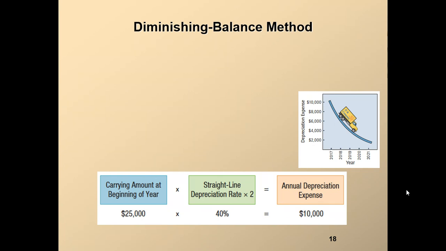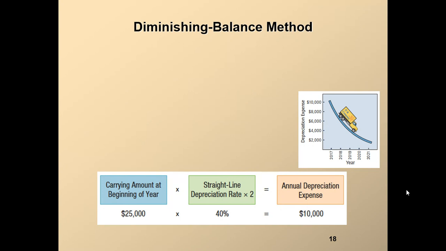Okay, so for example, let's say you have a $25,000 asset and the depreciation rate is 20%. For the example that we saw prior, because it's going to last you 5 years, technically 20% is allocated each year, because you're dividing 100% by 5, which is 20%.